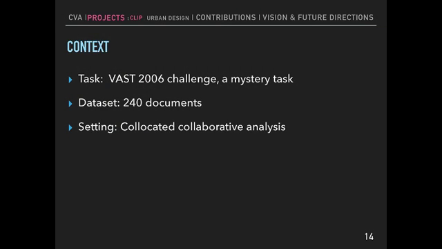To give you a better context about the task, we chose one of the VAST challenges, which is a kind of standard data set and scenario to evaluate visual analytic tools. It was a mystery task. It was challenging because there were 240 documents, and they had a very limited time to go through all of them, and there were a lot of misleading facts.